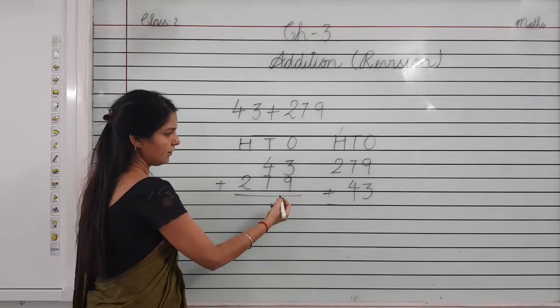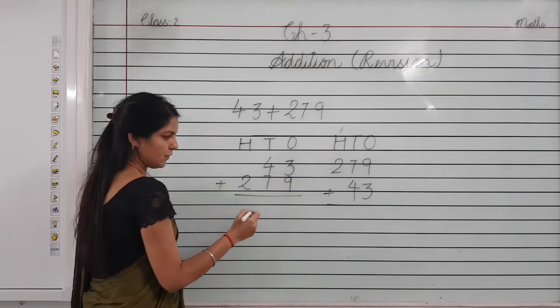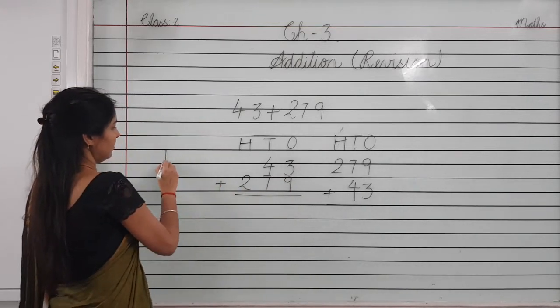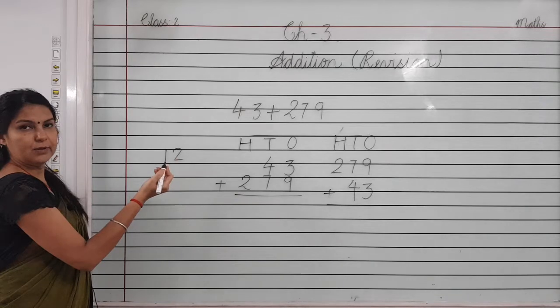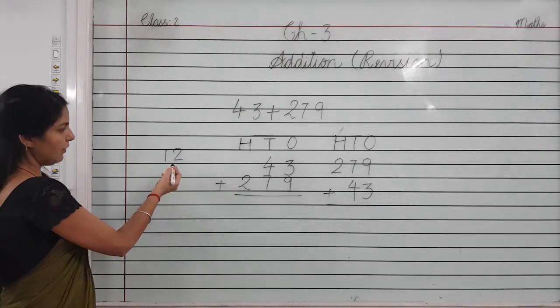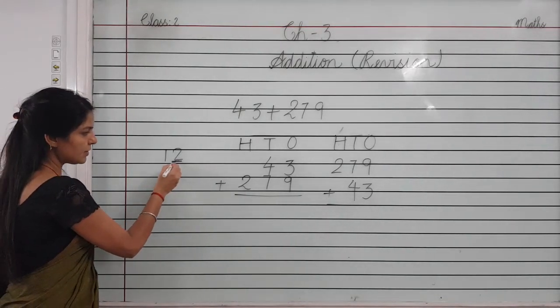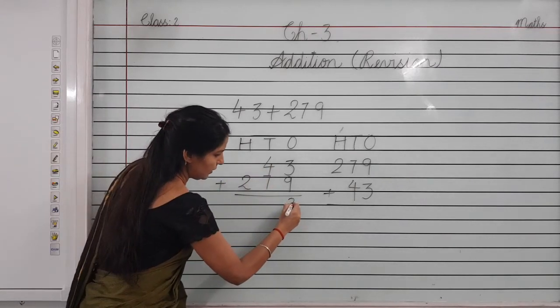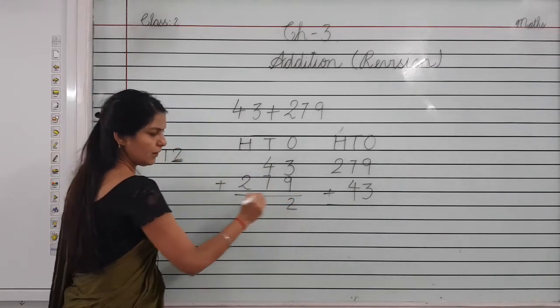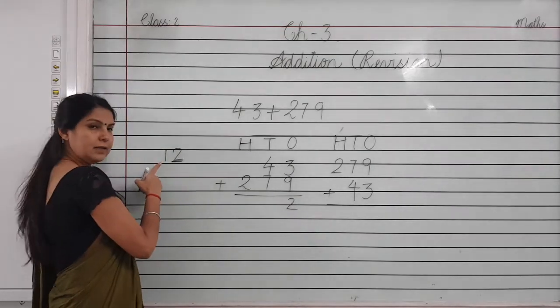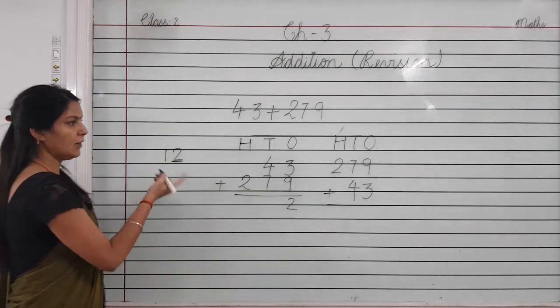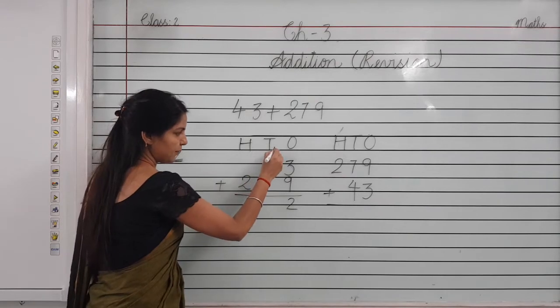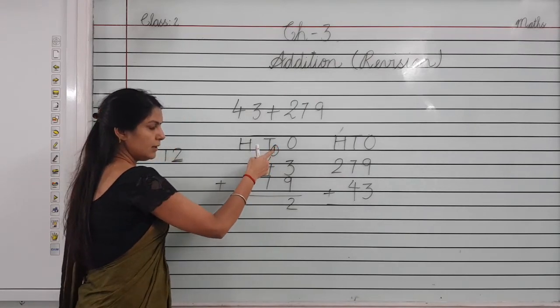9 plus 3 will be 12. In 12, here are 2 digits. So what we will do? We will write the digit which is at ones place here under 3 and 9. We will write 2, and the other digit which is 1 we will carry over at the tens place. Why we wrote it here?